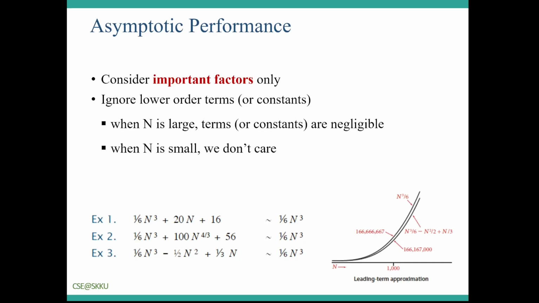Okay, we now go through a few examples to practice big O notation. First, let's show that 2 times n squared is in big O of n cubed. Basically, we want to prove 2 times n squared is less than or equal to c times n cubed.